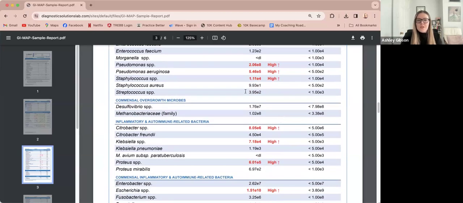One interesting one, it's not incredibly elevated on this report, but I actually do see this with at least 70% of my clients, is this streptococcus. If you are prone to getting sick often, sore throats, strep throat, likely you have an overgrowth of this streptococcus, and so you're continually getting ill, okay?